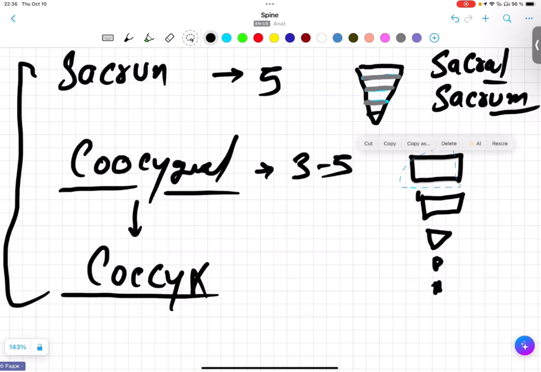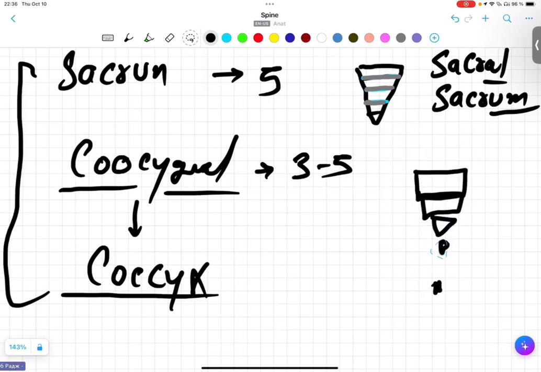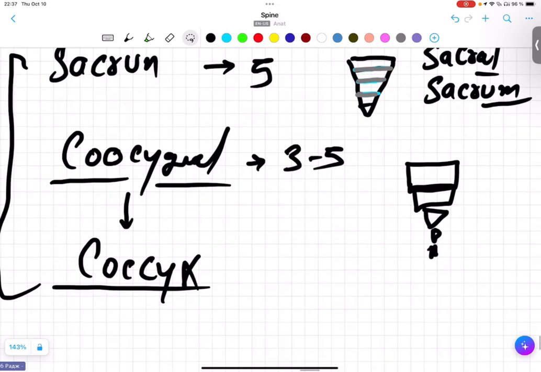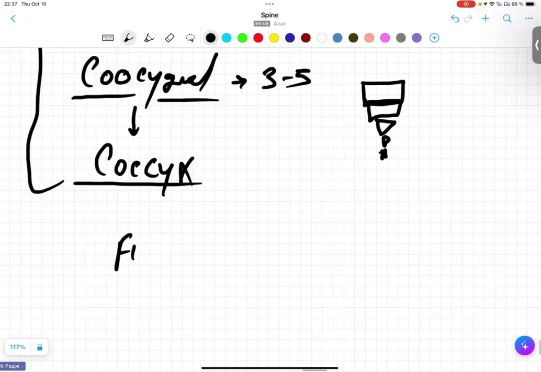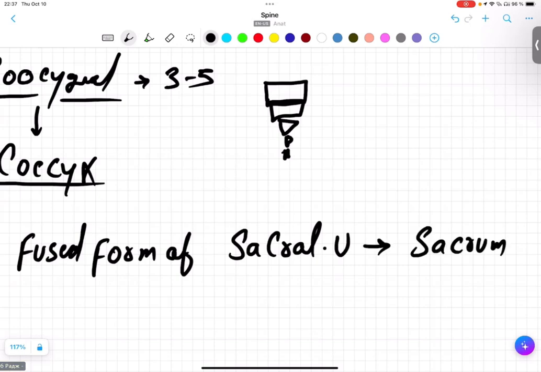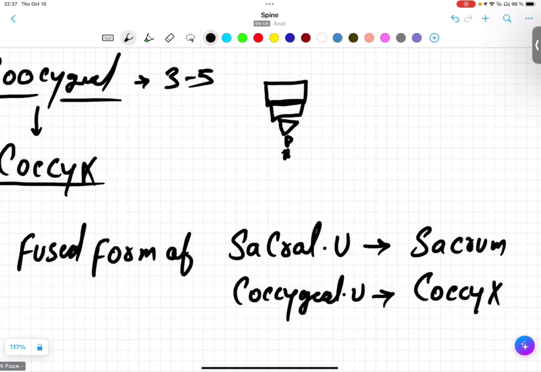But when they are fused, now they are known as coccyx. समझ में आया? Yes, sir. Just read this. The fused form of sacral vertebrae is known as sacrum. The fused form of coccygeal vertebrae is known as coccyx. Got it?